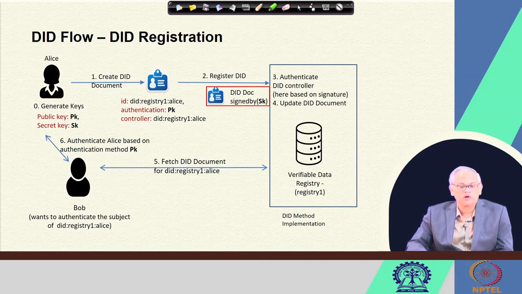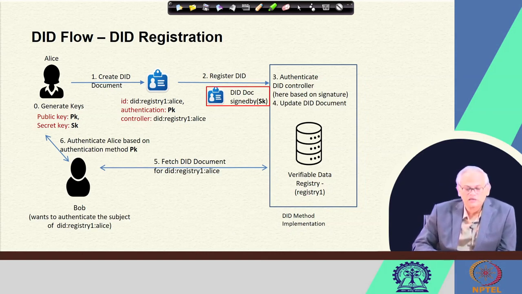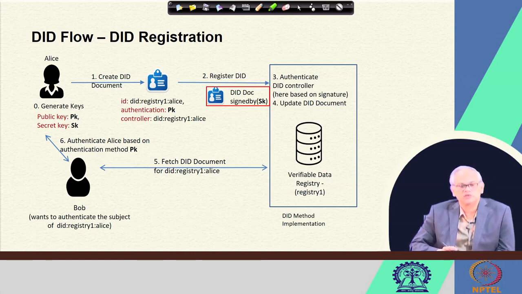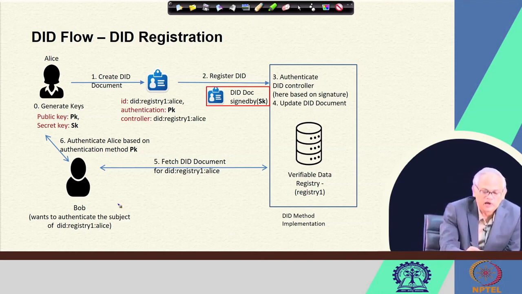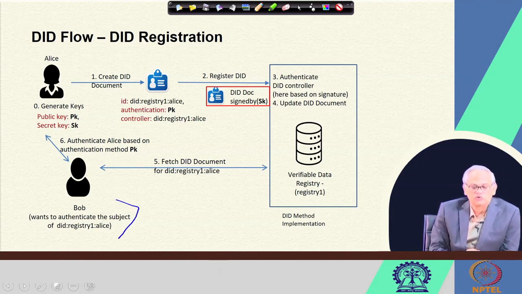So, this is the DID registration, and then when Bob wants to authenticate the subject, which is did:registry1:alice, as shown here in this diagram, after the registration has been done, at a point in the future, this is what Bob is going to do. Bob is trying to authenticate.